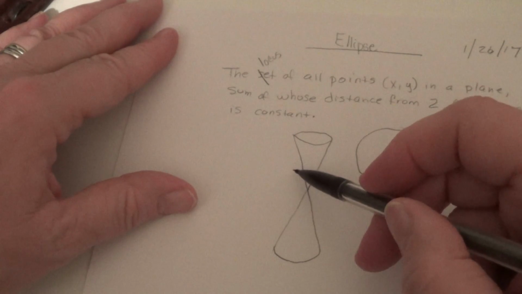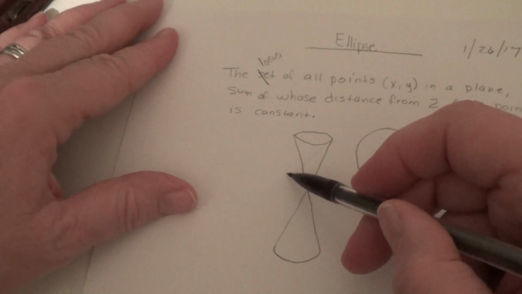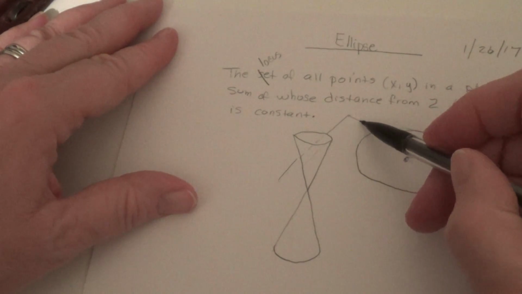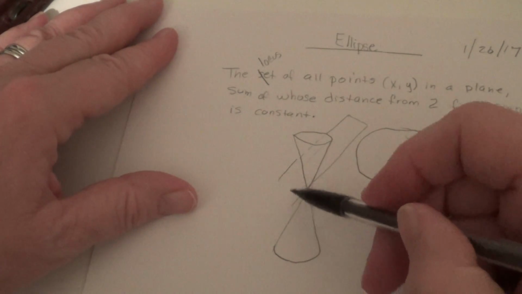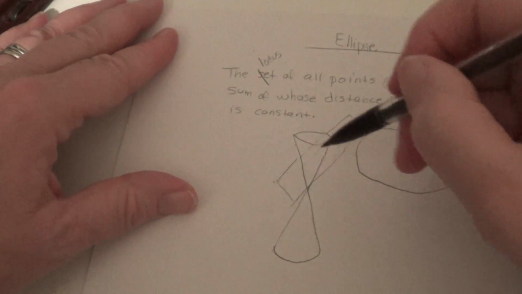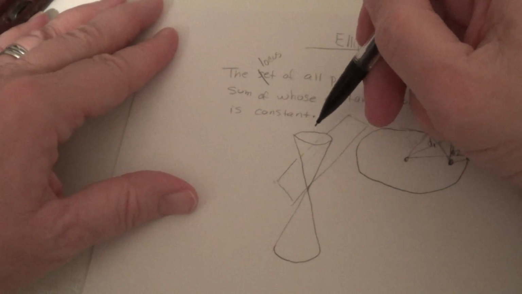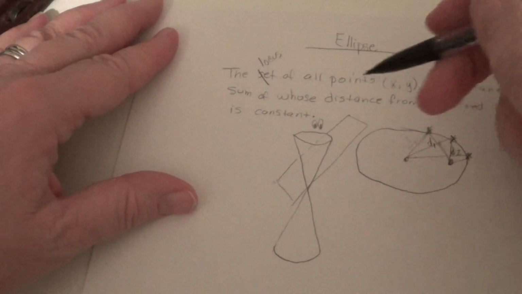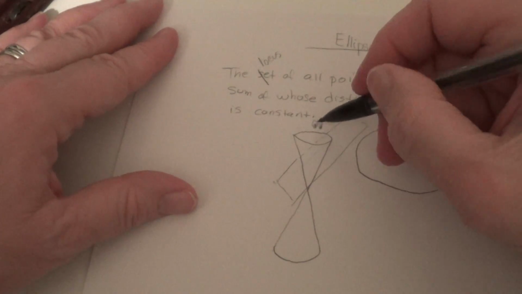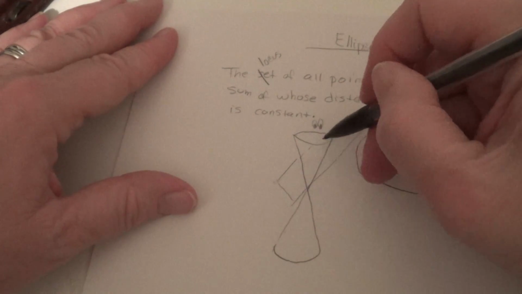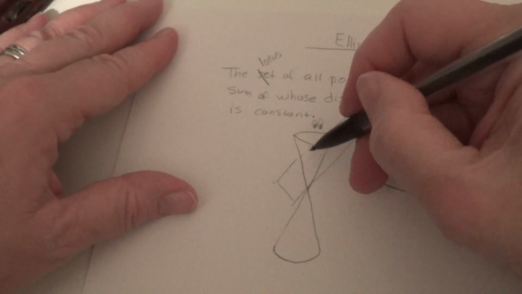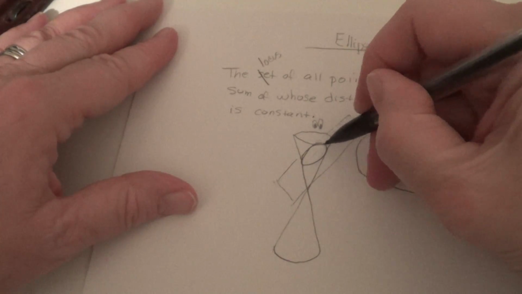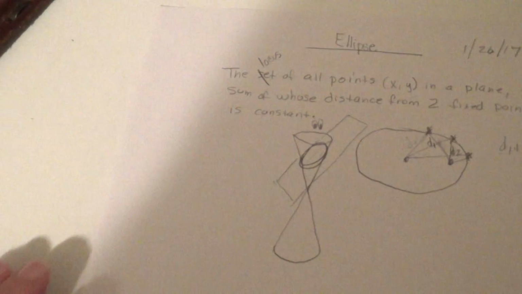But if it cuts at an angle, a little deeper, say the plane is slanted like it was last time, can you envision when we look down inside this cone that the intersection between the cone and that slanted plane or piece of paper will be an oval?